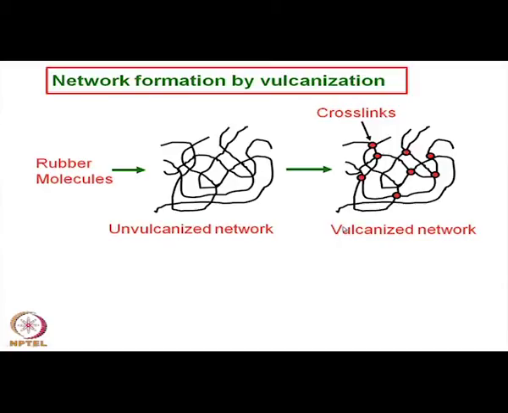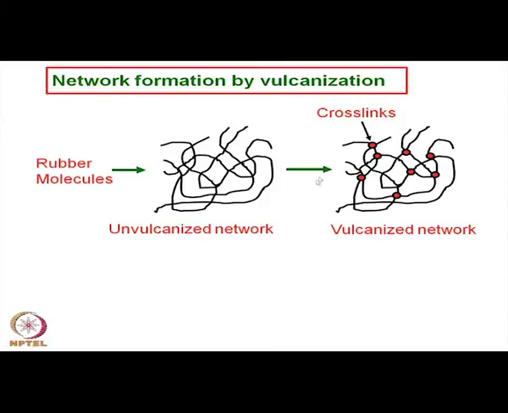Now, you just look into the 3-dimensional network which is supposed to be formed. Before vulcanization, rubber molecules can be viewed in this entangled or coiled configuration; it is an unvulcanized network, you can say. Now, on reaction with sulfur, accelerator and accelerator activator, what happens?